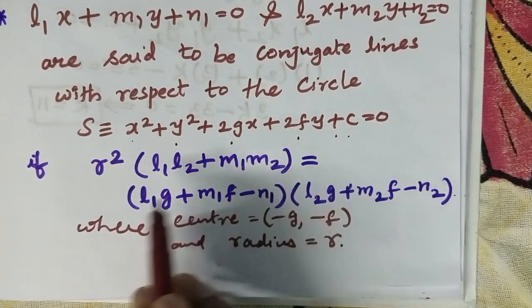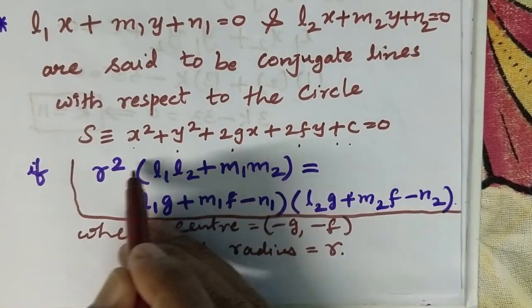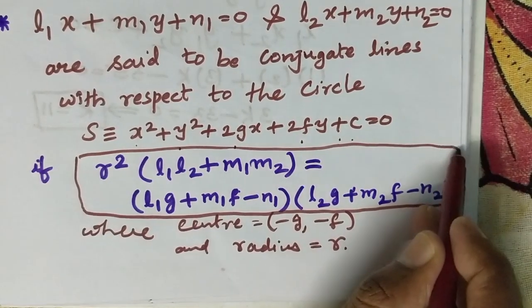This is the condition for the two lines to be conjugate lines. Remember this.